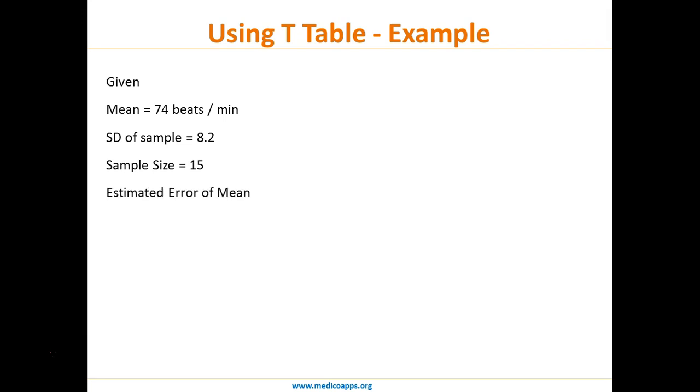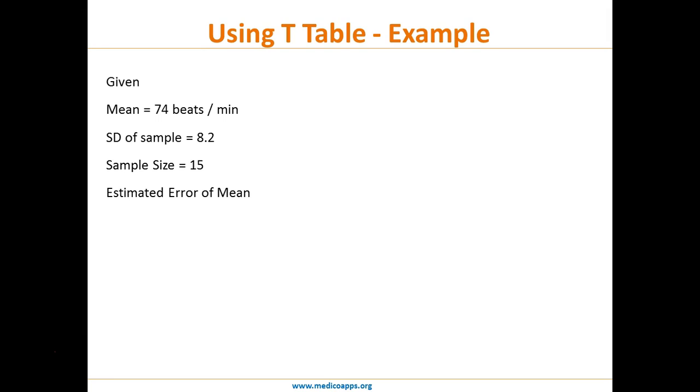So let's start. We will be using the estimated error of mean, because we have taken just one sample of 15 people and we have just one standard deviation. Suppose we had taken thousands of samples, each with a different sample size and a different standard deviation, then we could have used the standard error of mean.